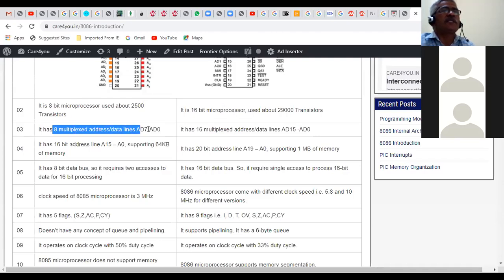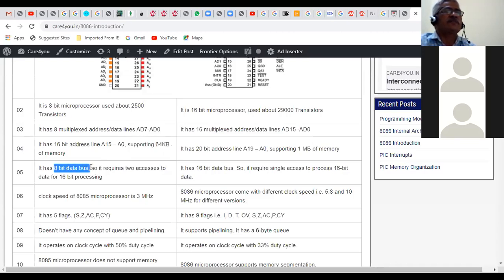Multiplexing is of AD0 to AD7 in 8085, and multiplexing is for AD0 to AD15 in 8086. 16 address lines, so total memory will be 64 kilobyte. 20 address lines, total memory supported is 1 megabyte.